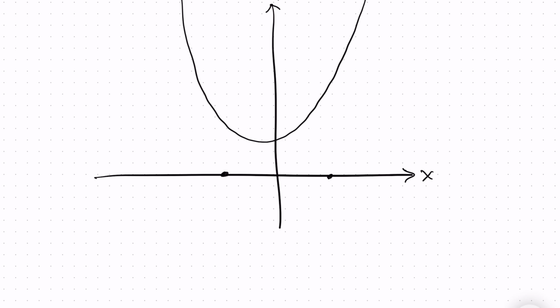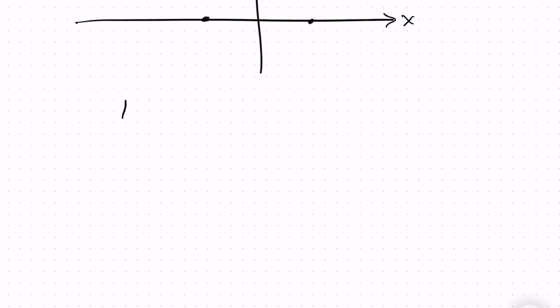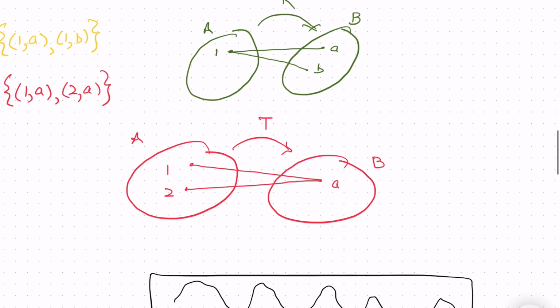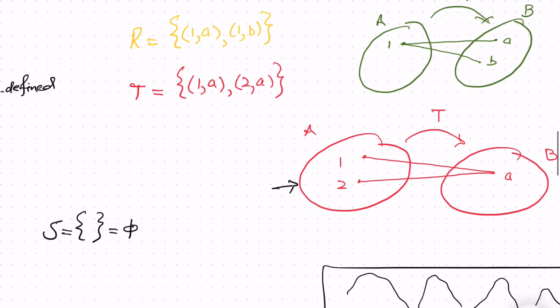Okay, the next definition is the domain. In general, we say that this set is the domain. Or for example, if you want to know what is the domain of R, we say that this is 1.